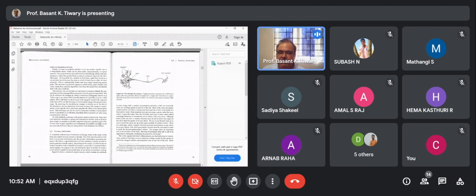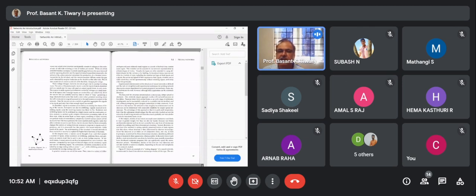Our brain has billions of neurons which are wired together, so we have a neural network in our brain. Now, you know about the structure of neurons. I'm not going into detail, the synapse and dendrites and all these structures.